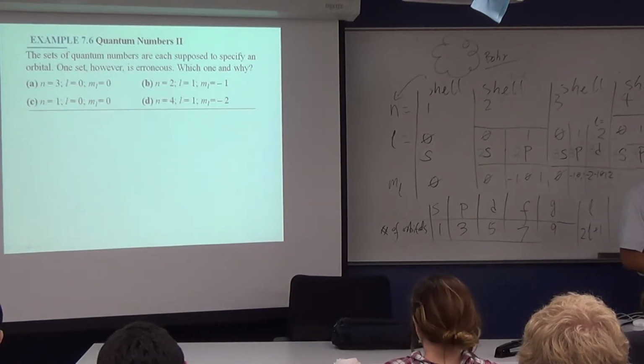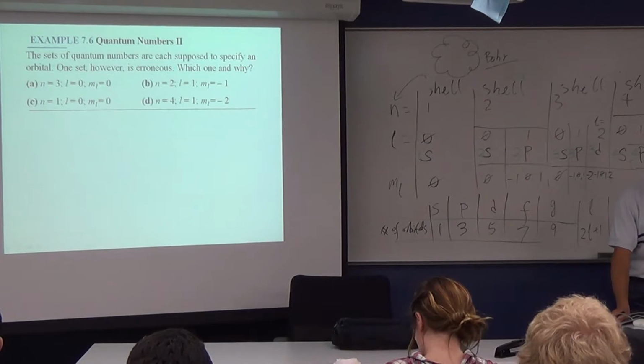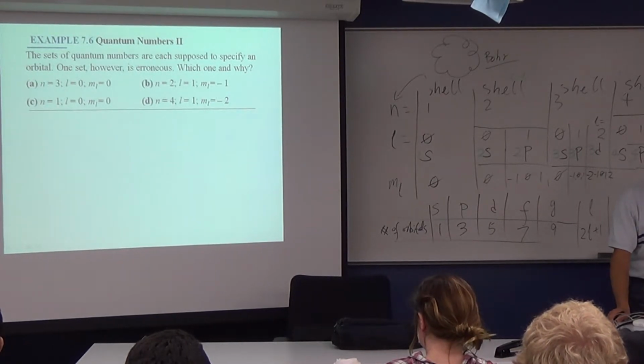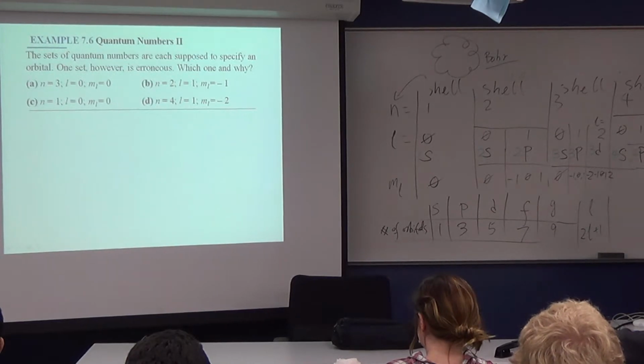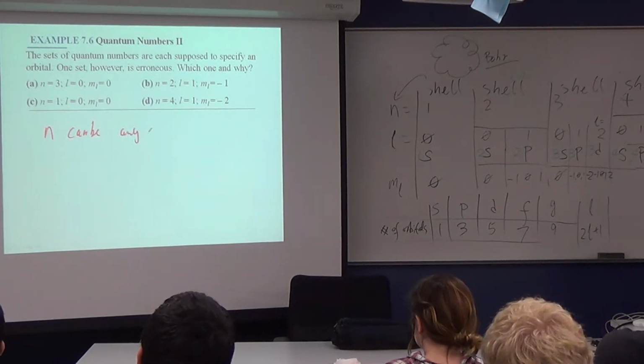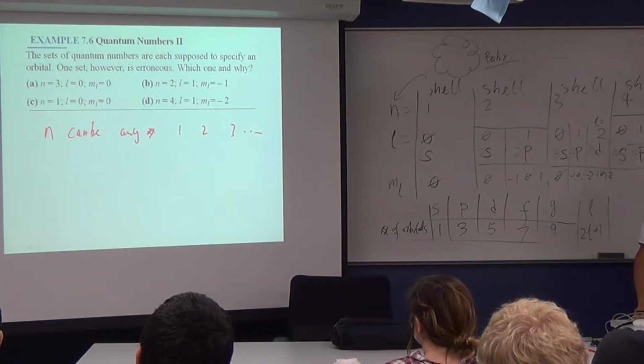Okay. So if I give you a few sets of quantum numbers, which is not good? Remember, let me remind you of this relation. N can be any number 1, 2, 3, something like that.